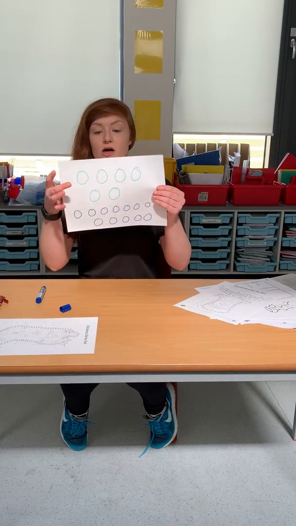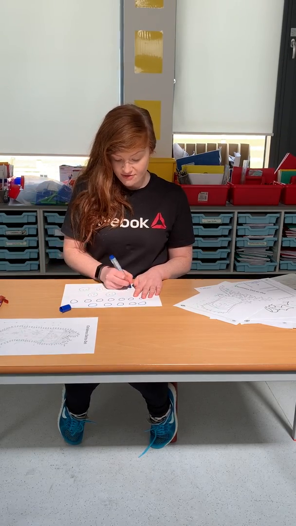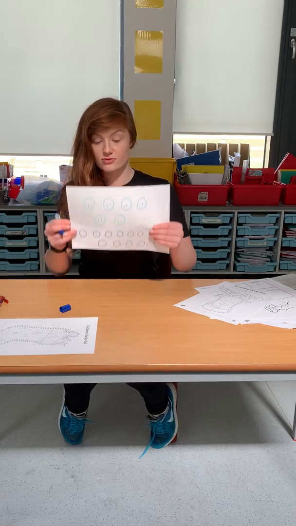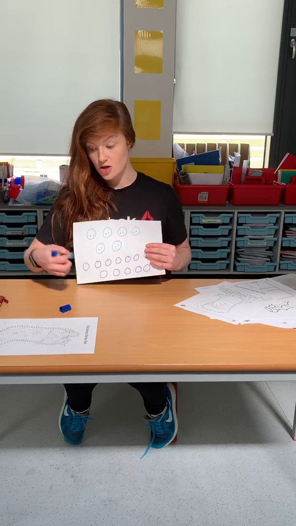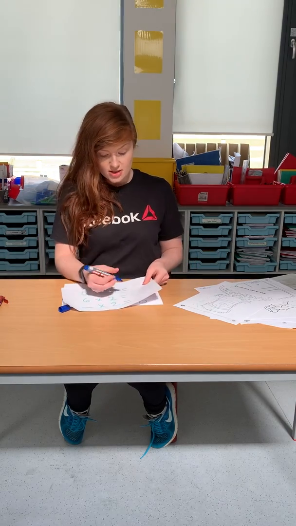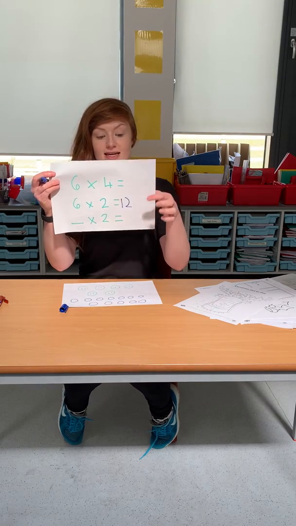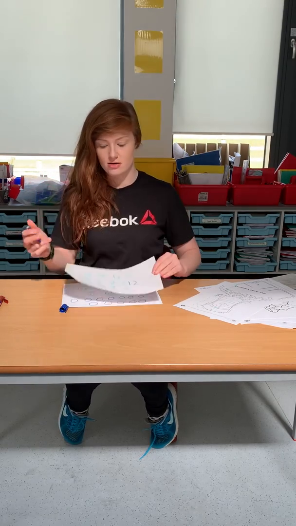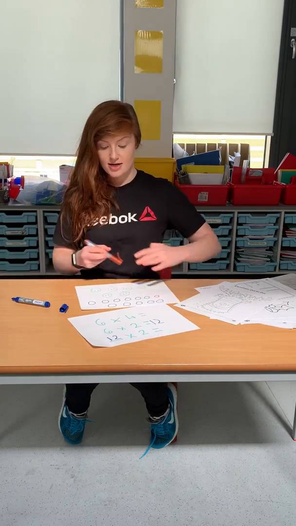So for example, I'm doing it in groups here, so I've got 6 groups, and I need 2 in each. That's the first part of my calculation. So I've drawn my 6 groups, I've times it by 2, 2, 4, 6, 8, 10, 12. So I now know that 6 times 2 is 12. Now I need to times that 12 by 2 again. So 12 times 2. And I've drawn 12 groups, and now I'm going to draw 2 dots in each of them.